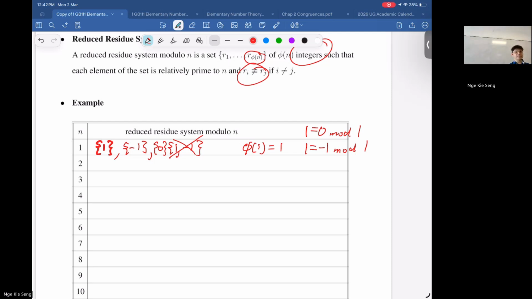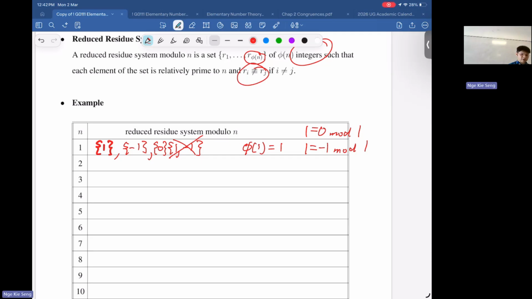So in this mod 1 world, 0 and 1 are the same. Mod 2, 2 becomes 0. Mod 3, 3 becomes 0. Mod 1, 1 becomes 0. So 1 and 0 are the same.